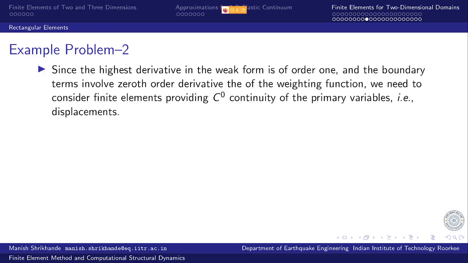We already looked at the weak form of two-dimensional elasticity problems. The only thing that is going to remain the same, for all plane stress and plane strain, is the structure. The only difference is going to be the values of the constitutive relation matrix D: D11, D22, D33, and the off-diagonal terms. Those are going to be different for plane stress and plane strain conditions.